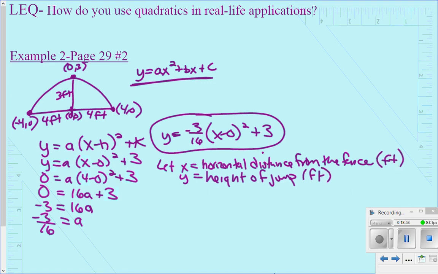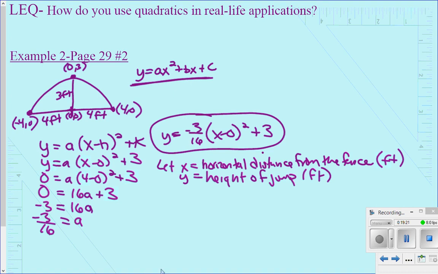Okay, so I could very easily ask you a question like, how far away was the jackrabbit from the fence in order to jump 30 feet high, or something like that. So then what you would do is substitute 30 in for y, because 30 is the height, and then you would solve for x. Or I could ask you something similar to that.